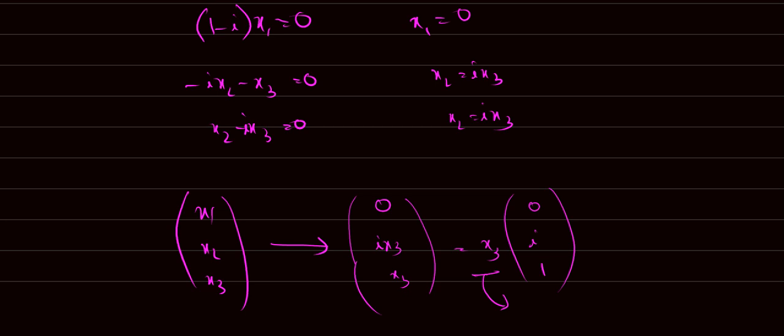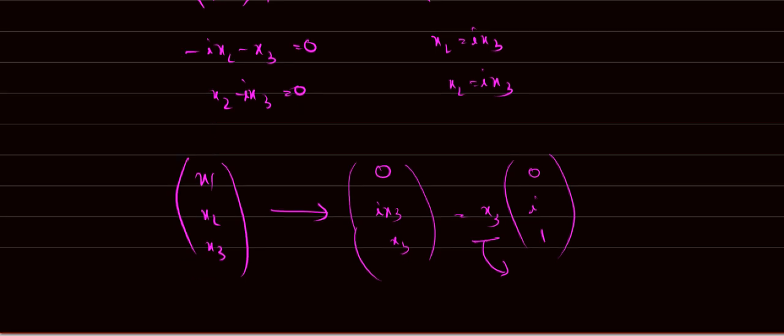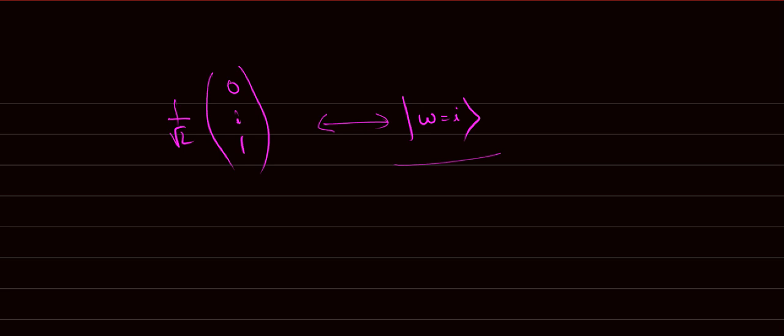So if we normalize it, it will be 1 by root 2 times (0, i, 1). This is our desired eigenvector for omega equal to i. This eigenvector can be written, we are using a new notation, the eigenvectors can be written in this way.